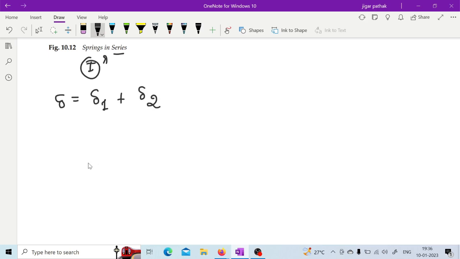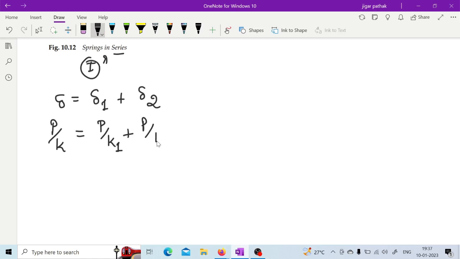To calculate the equivalent stiffness, we consider that the total deflection is due to the total load applied upon the equivalent stiffness, while delta 1 will be the load applied upon the stiffness of spring 1. Here the load applied is the same in series, so P remains the same for both springs.